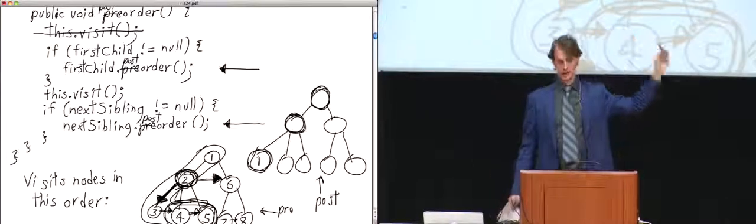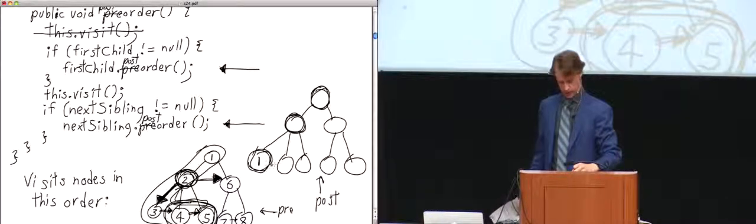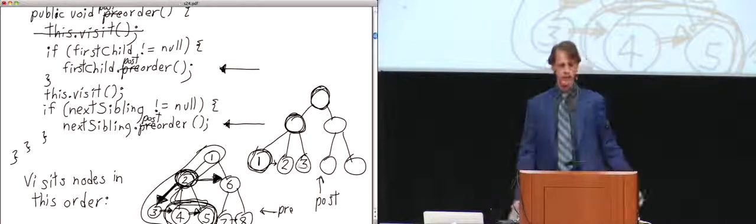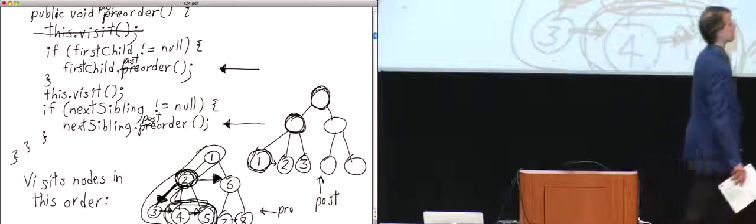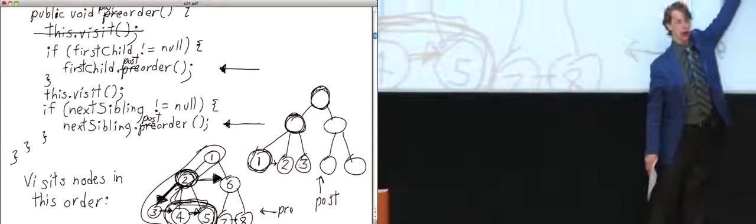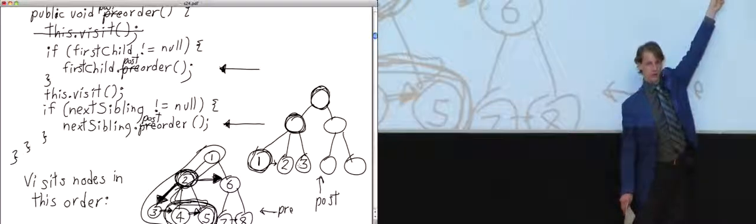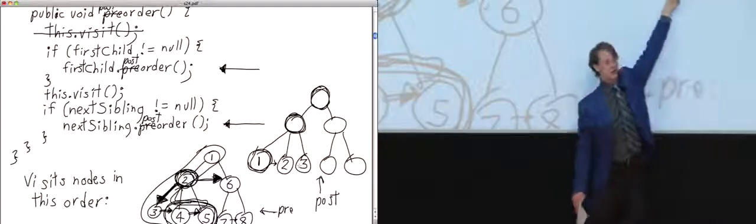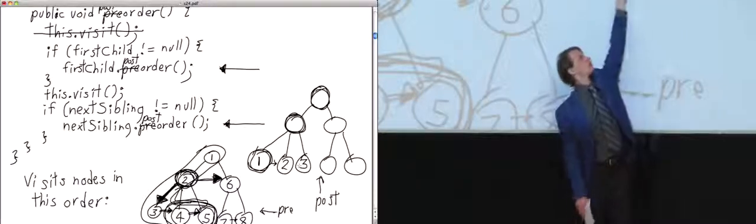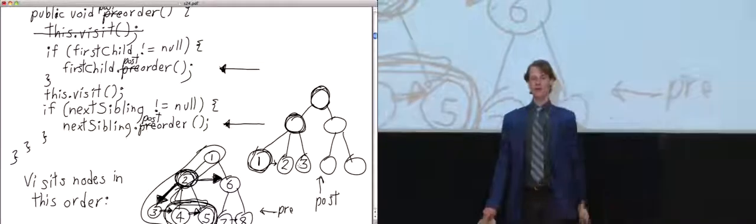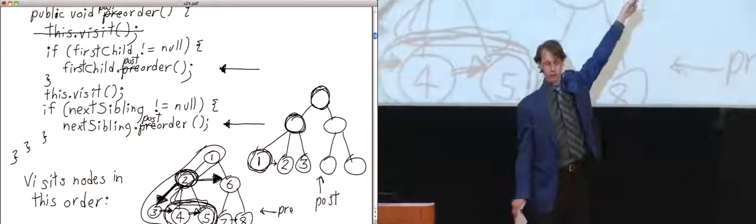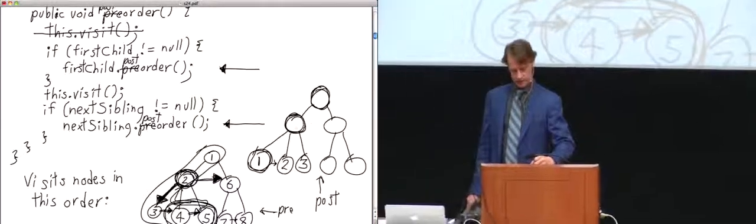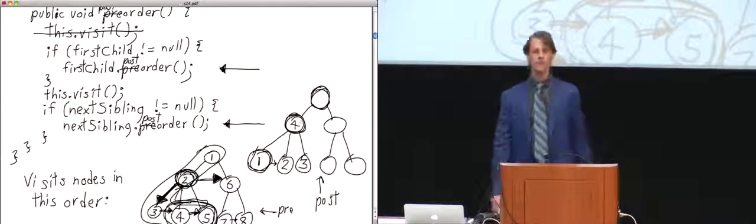Then, after it visits itself, it visits its next sibling. So this one gets visited, and then this one gets visited. And now this node has no children and no next sibling, so the recursion starts to unwind. Pop off a stack frame, pop off a stack frame, pop off a stack frame, and we're back to the child of the root, which can now visit itself because its children have all been visited.